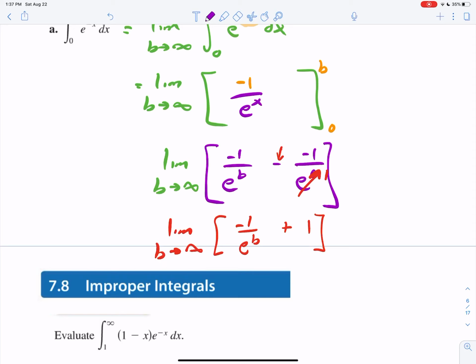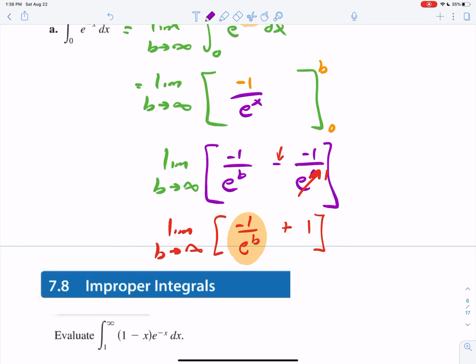Okay? So really, what's the limit of this right here as b goes to infinity? When b gets really large here, that denominator is going to get really large. That -1 at the top is just going to stay as a -1. So what happens when the denominator gets really large? Pause and play when you're ready.